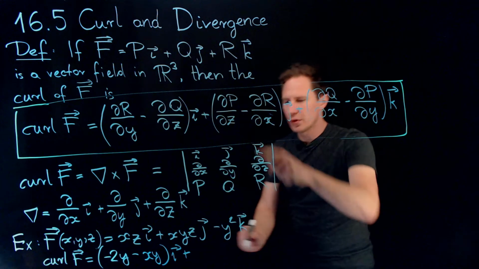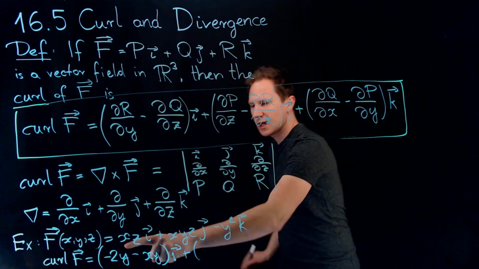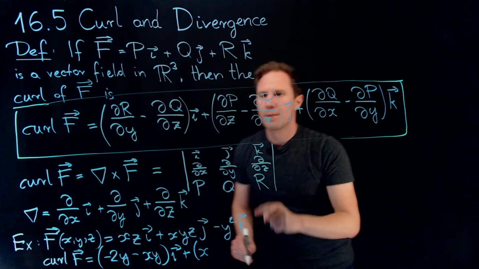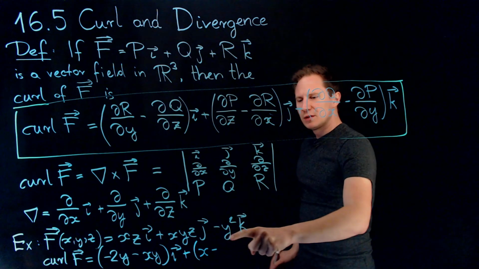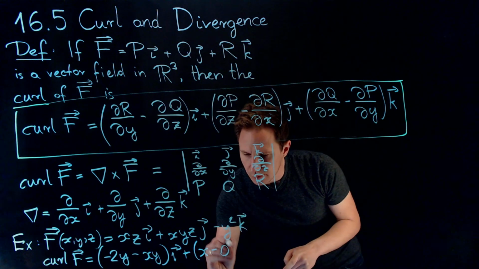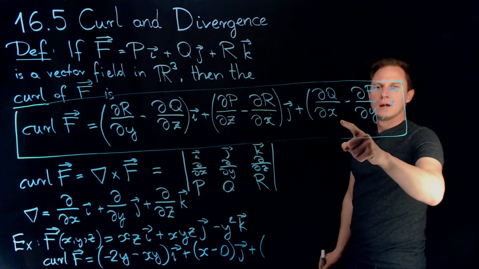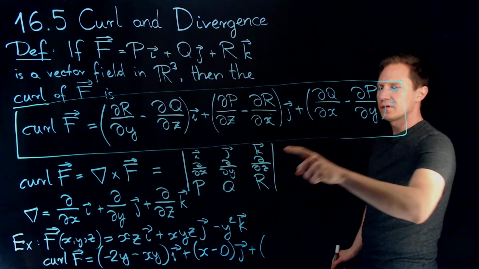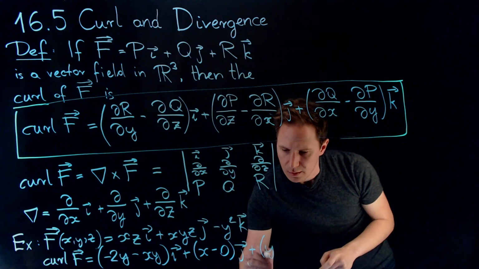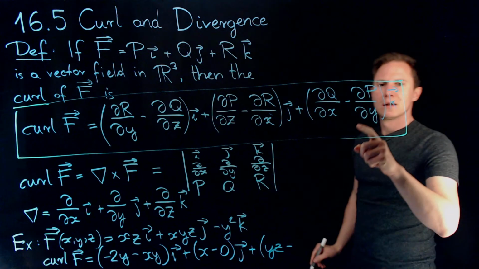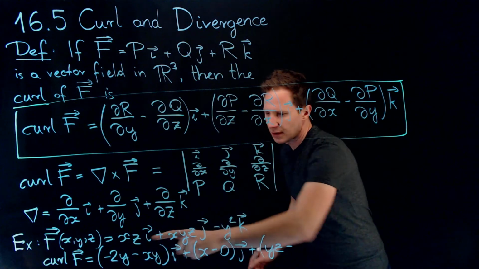As for the second component, take the partial derivative of the first component with respect to z to get x, minus the partial derivative of the third component with respect to x, which gives us 0. So that's the second component of our curl. And finally, take the partial derivative of the second component with respect to x, so that's yz, minus the partial derivative of the first component with respect to y, so that's going to give us 0.